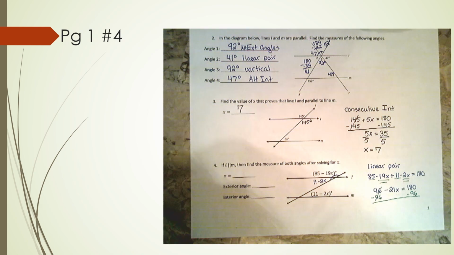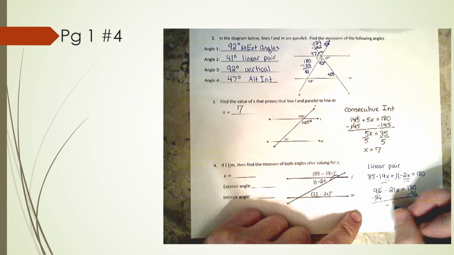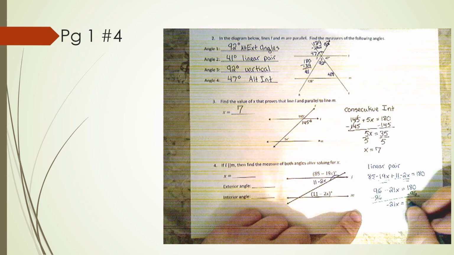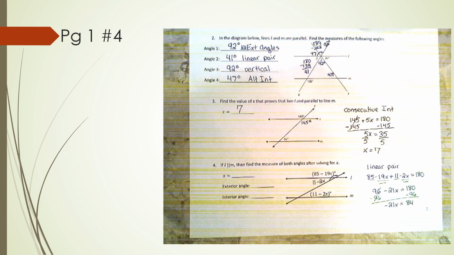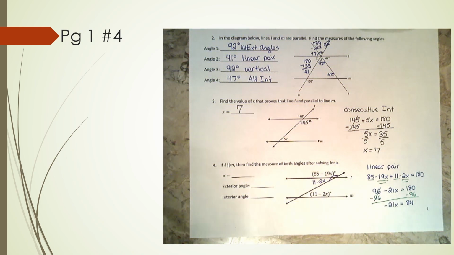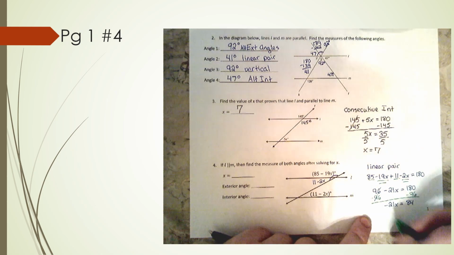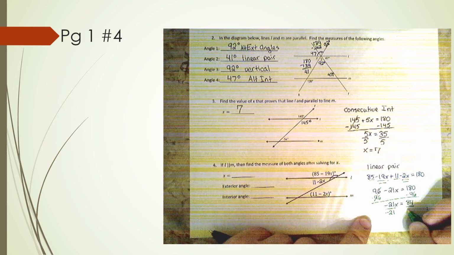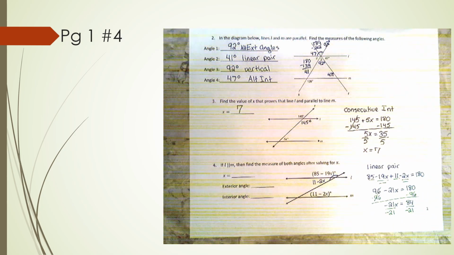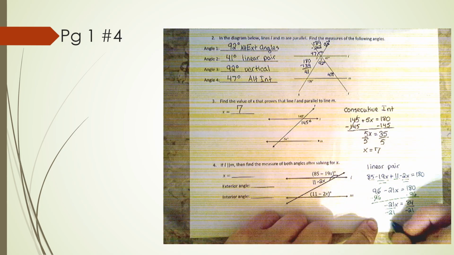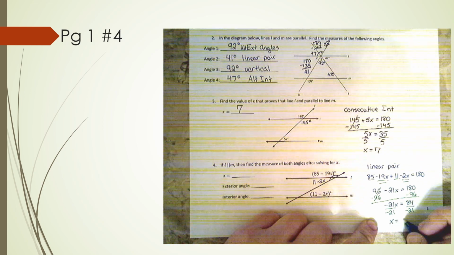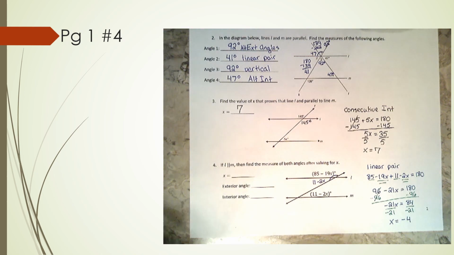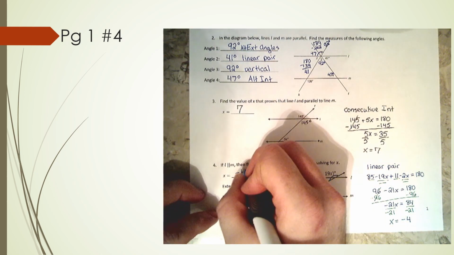That will make it so it cancels out on the left side, and now I have negative 21x equals 84. I still want x by itself, so what I'm going to do now is divide by negative 21. And this is going to give me x equals negative 4. So my x is negative 4.